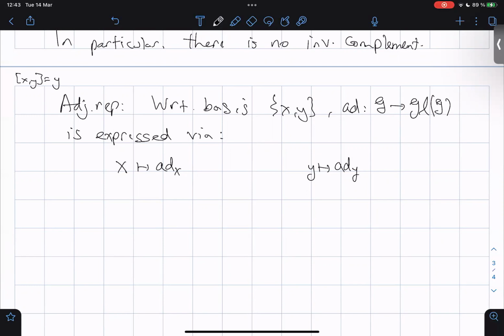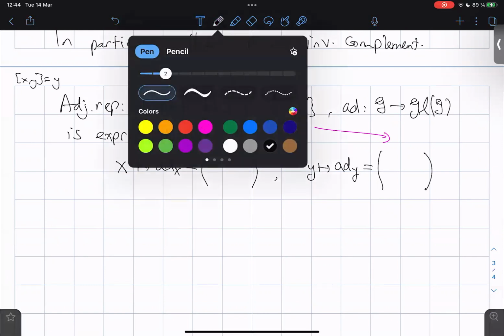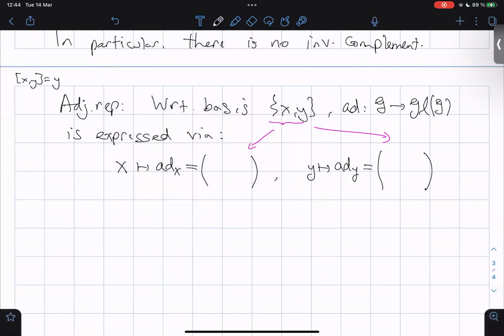I'm going to identify it with a matrix in this basis x, y. How do you do this? Standard linear algebra stuff.